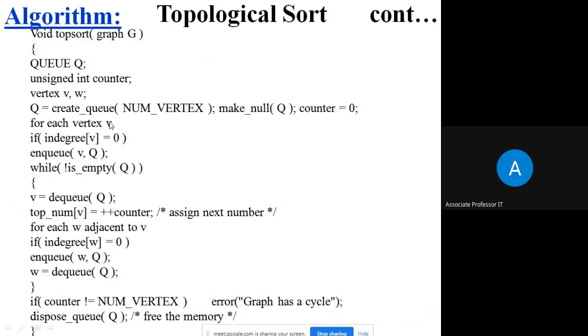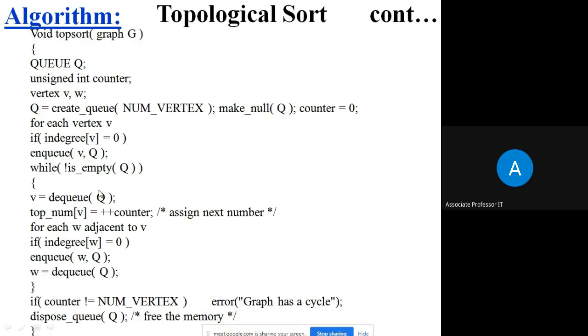So for each vertex V, if indegree of V equals 0, then enqueue(V, Q). That means insert V into Q. While not isEmpty(Q), open curly brace, V equals dequeue(Q).